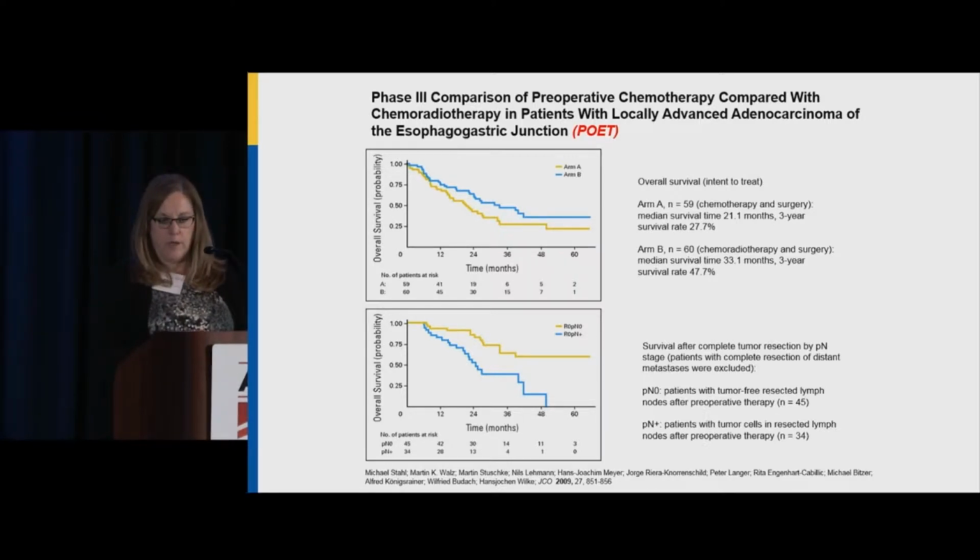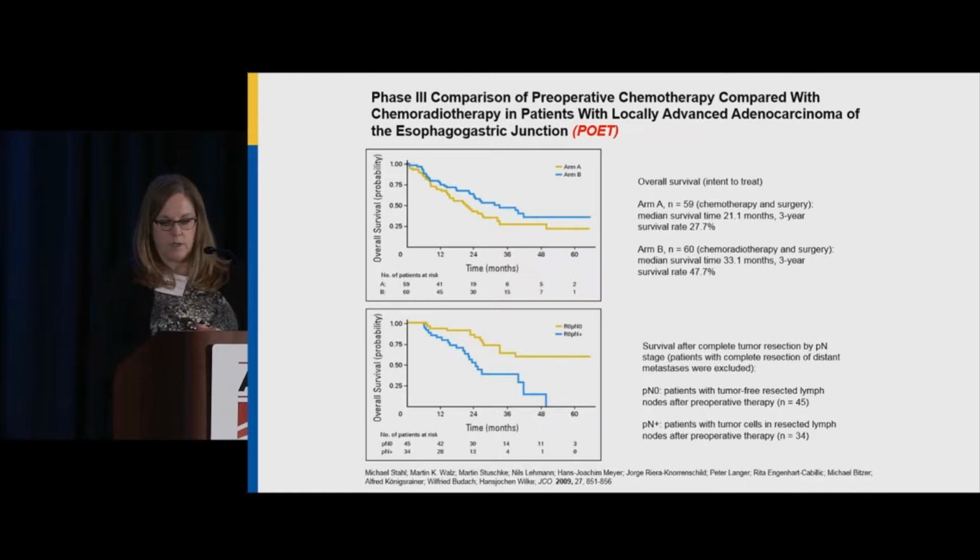And it showed, as you can see here, the blue line is the chemoradiation arm. So that top graph is overall survival, and the median survival was 33 months compared to 20 months for chemoradiation compared to chemotherapy as pre-op therapy. So it's showing that there is a benefit even though it's a small study. What I really like out of this is the bottom graph. That's looking at your lymph node negative disease.